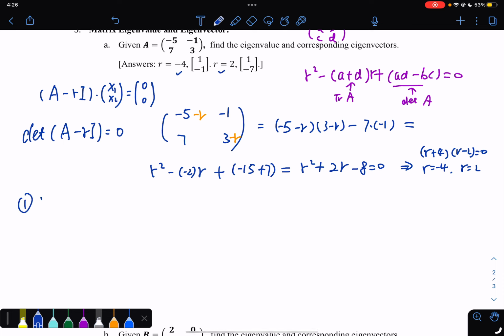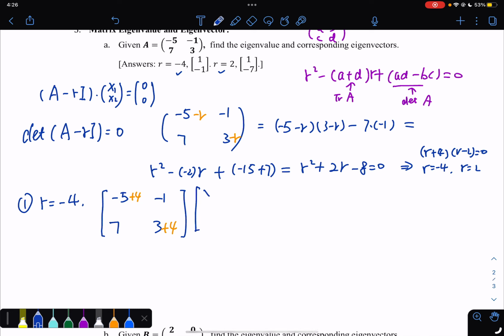Corresponding to the first eigenvalue, -4, my A minus RI becomes A minus -4 on the diagonal entries. You only put it on the diagonal entries because the I matrix only has input on the diagonal entries. All the off-diagonal entries will be 0, so we can ignore those.